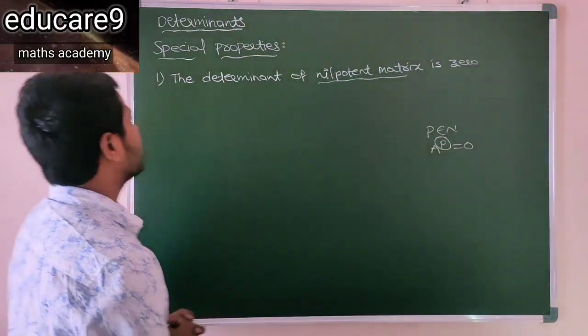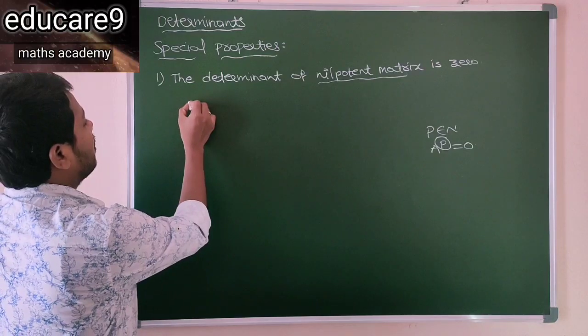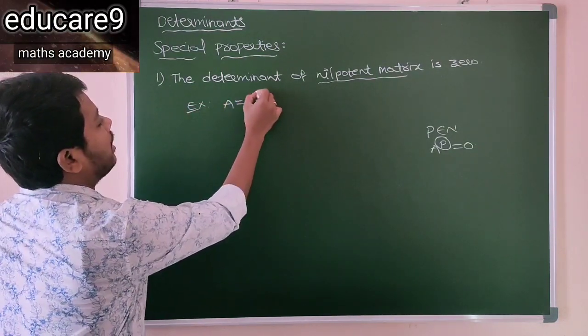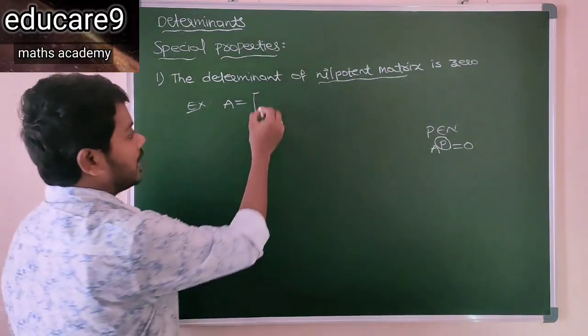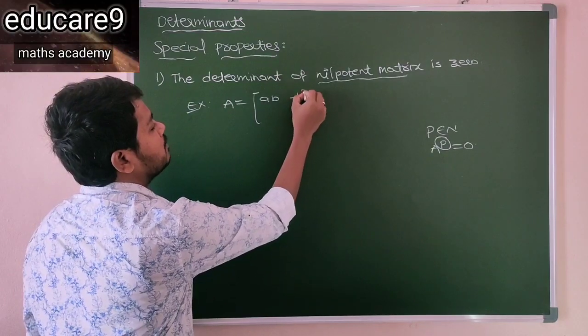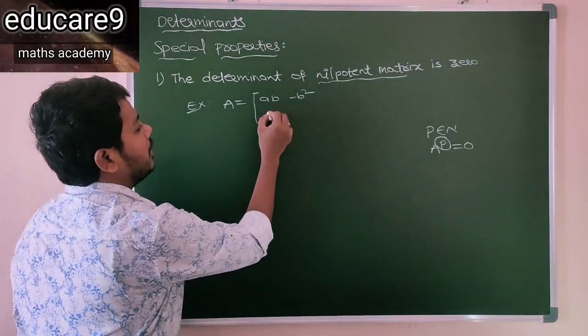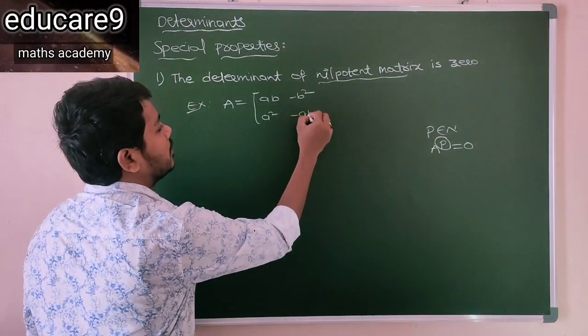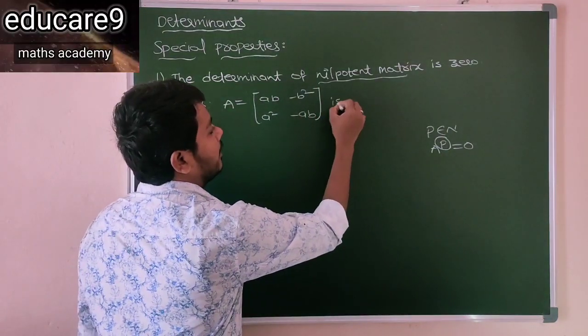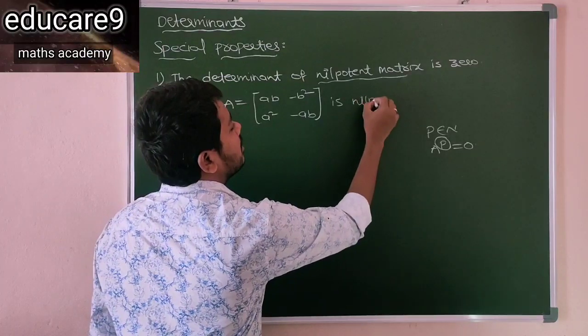Okay. So see here an example. Consider any nilpotent matrix. For example, A is equal to [AB, minus B square; A square, minus AB]. This is a nilpotent matrix.